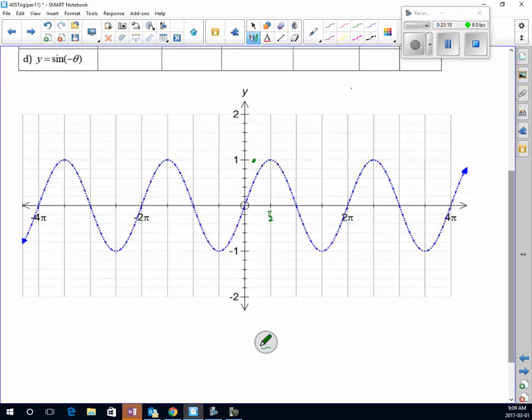Right here where it's at a 0, it's getting halved. You see it's getting squished. This one's at 3 pi over 2, so it'll now be half, which is, what's half of 3 pi over 2? 3 pi over 4. So that would be, say, there.